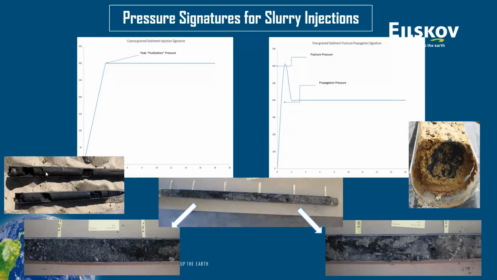So the picture shown on the left end of the slide shows a homogeneous distribution of a powdered activated carbon slurry within a sandy formation, versus when we go into clays, where you need to create a small fracture, and that is where the equipment really kicks in, where you can build up some back pressure to distribute that slurry out in the formation.